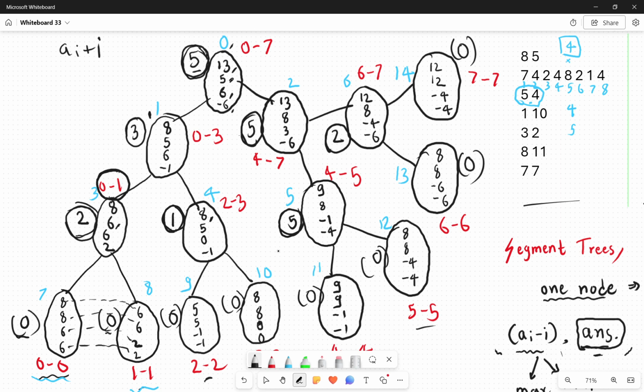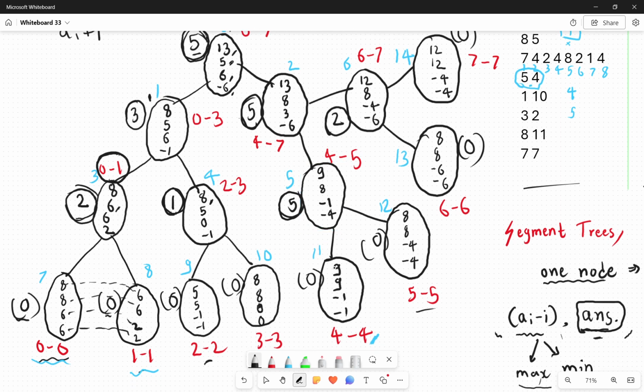What about the answer? Previously the answer was 5, but now the answer is the maximum of 0 comma 0. So 0 for this node, 0 for this node, and 1 for a1 minus b2, 9 minus 8 is equal to 1.